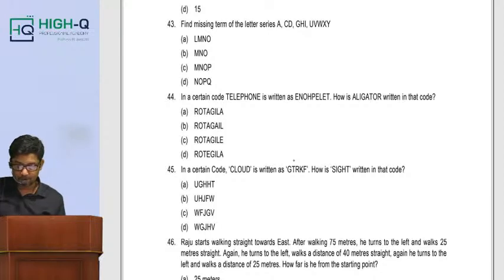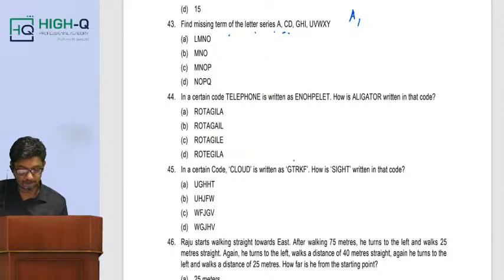Next one. Find the missing term of the series. A, B is gone, CD, EF gone, GHI.